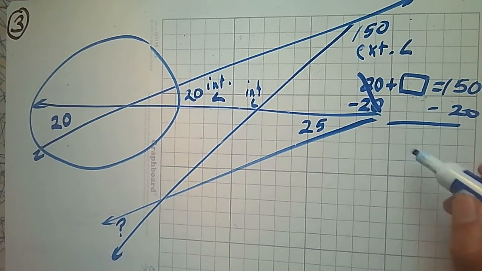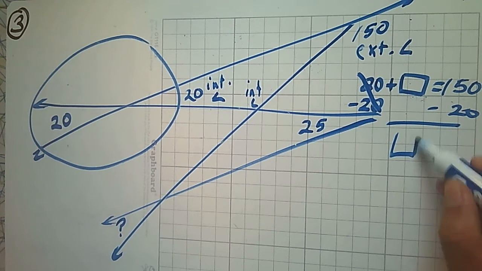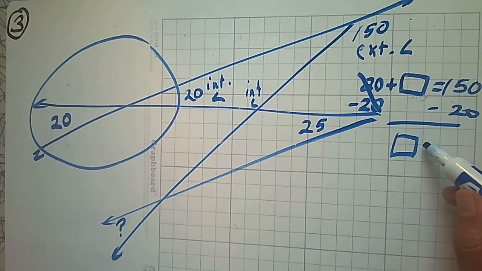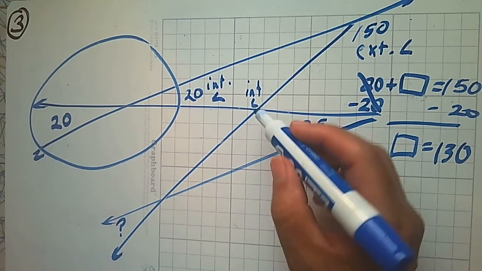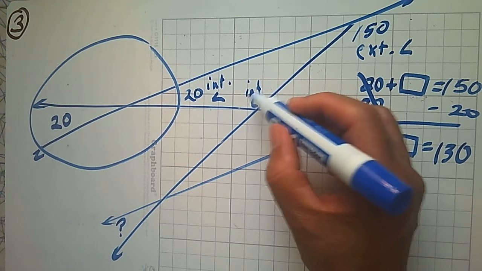These will cancel. So the angle that I was looking for would be 150 minus 20, which is 130. So this angle right here is 130.